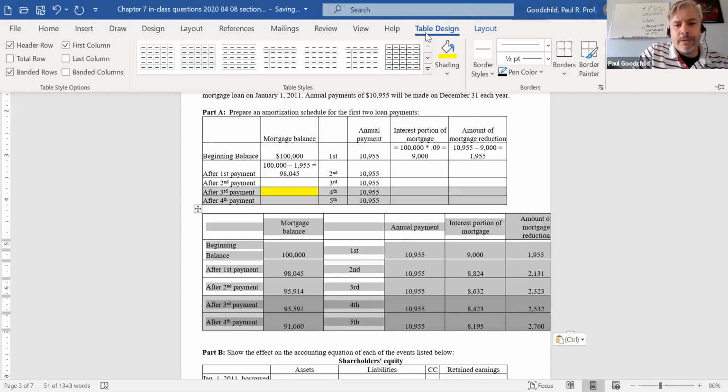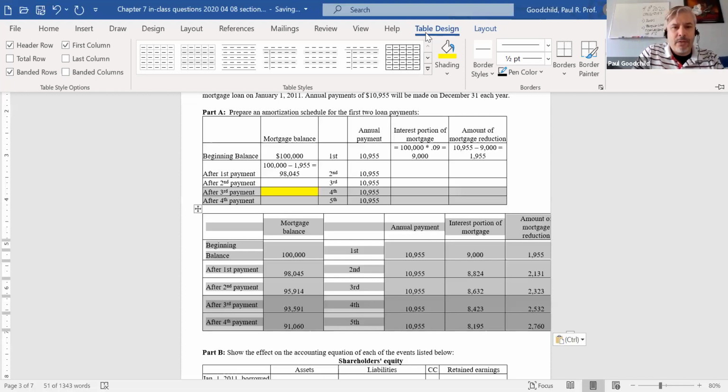Okay, so we wanna record the effect on the accounting equation for these transactions. And so initially you're gonna borrow money. So you have $100,000 in cash, and then $100,000 mortgage. And that's to borrow it.